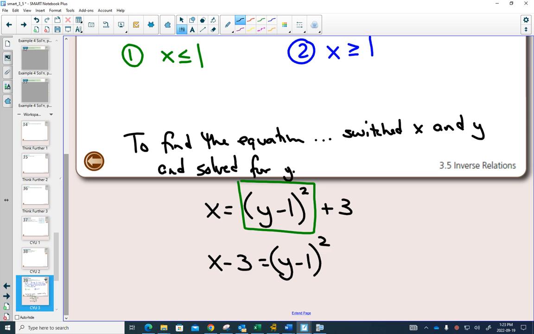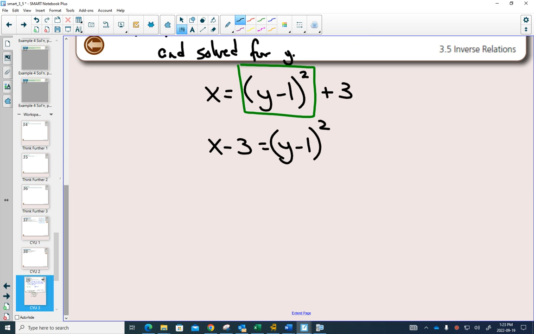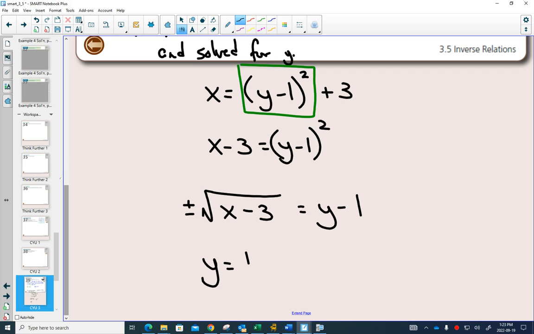I can get rid of the squared by square rooting both sides. When you square root both sides, you get a plus or minus. So I'll have plus or minus the square root of x minus 3 equals y minus 1 now. And to get y by itself, I would have to add 1 to both sides.